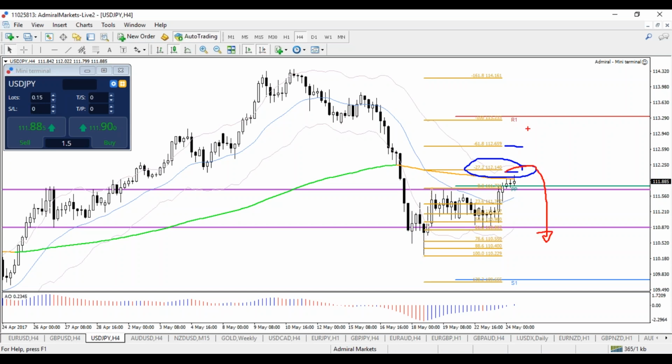But if price breaks through it, then I'm going to listen to the market and basically adhere to it or go along with it, go with the flow, right? Just because I might think this is bearish, let's say, doesn't mean that it has to be bearish, right?